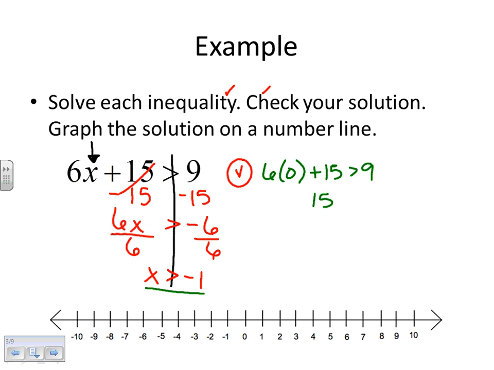And we've got 15 is greater than 9. Is 15 greater than 9? Yes. Okay, and then finally our directions ask us to graph the solution on a number line. So we're going to graph x is greater than negative 1. So we come to negative 1, we have an open circle on negative 1, and we're pointing to the right.